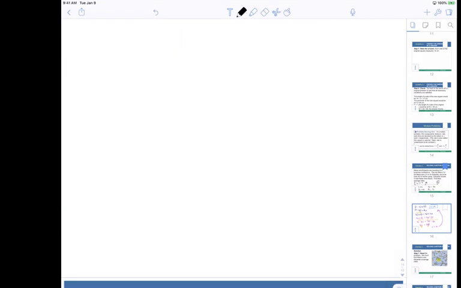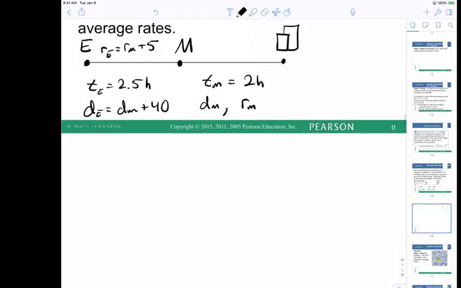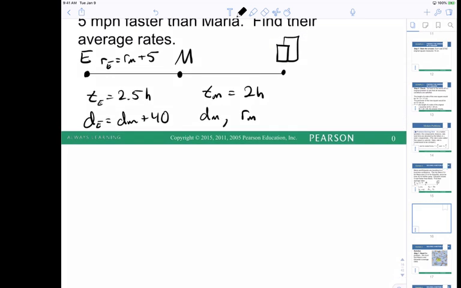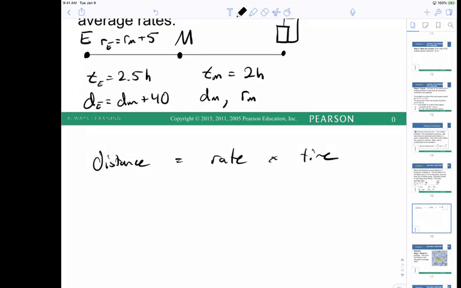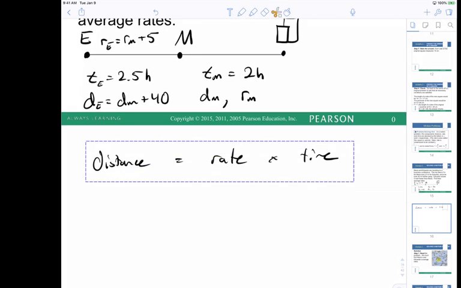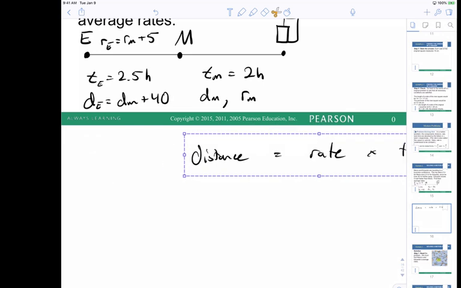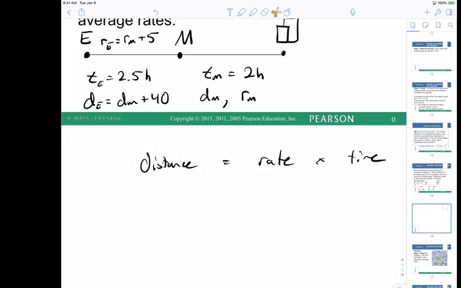All right. So let's do the following. We said that distance equals rate times time, right? Agreed? So then we're looking at two people, Maria and Eduardo, right? So let's do like this.